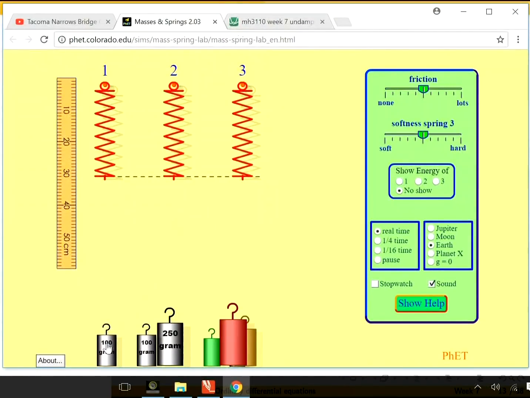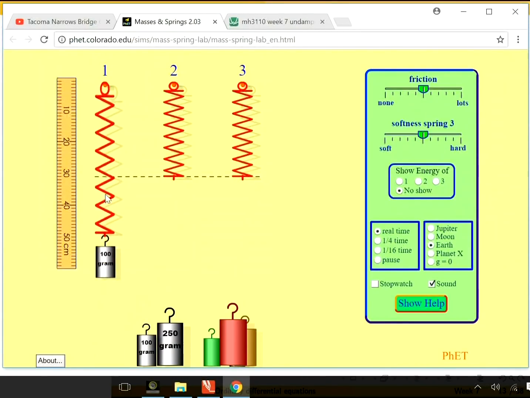Suppose that I have an object and I'm going to attach it to this spring. If the whole spring-weight system is not moving, it means that the object just strained the spring, and everything is balanced, right? But then suppose that we pull it a little bit further and then release.